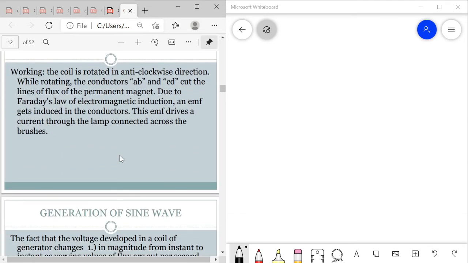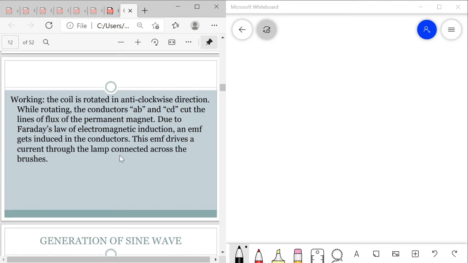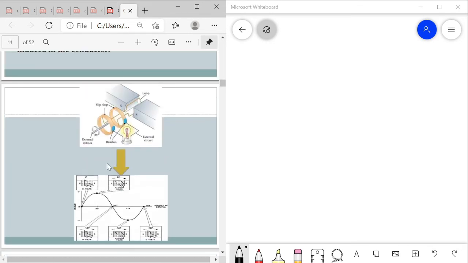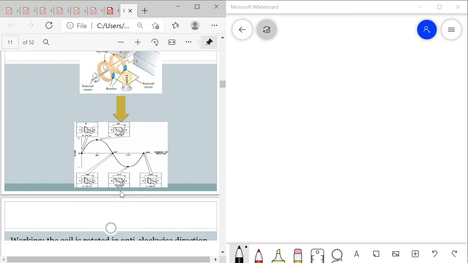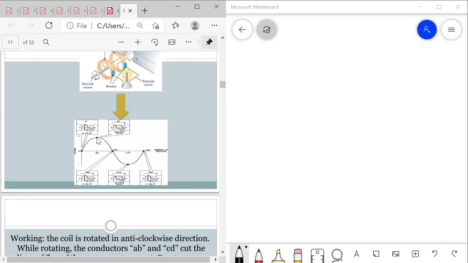So, working: the coil is rotated in an anti-clockwise direction. While rotating, conductors AB and CD cut the lines of flux of the permanent magnet. Due to Faraday's law of electromagnetic induction, an EMF gets induced in the conductors. This EMF drives a current through the lamp connected across the brushes. So at this point, at maximum, the lamp is brightest, as well as in the negative half cycle.